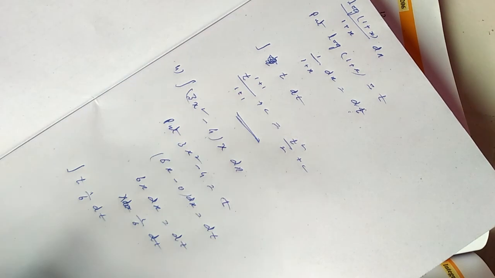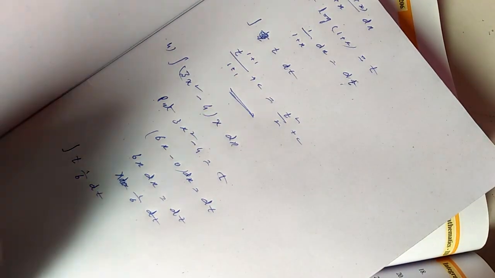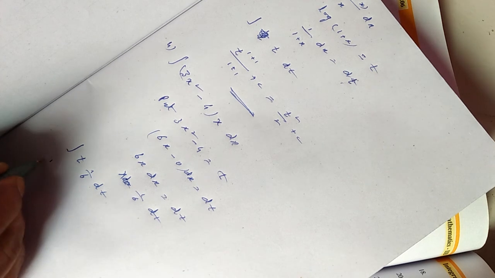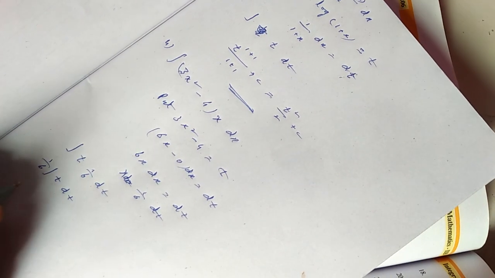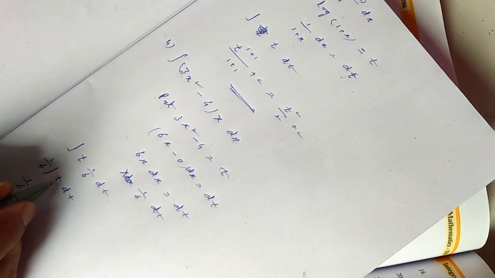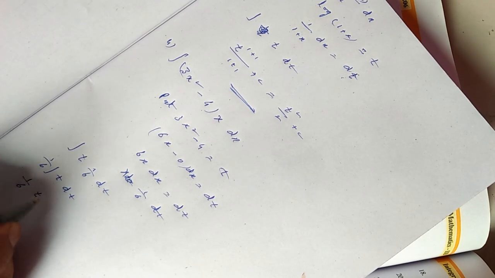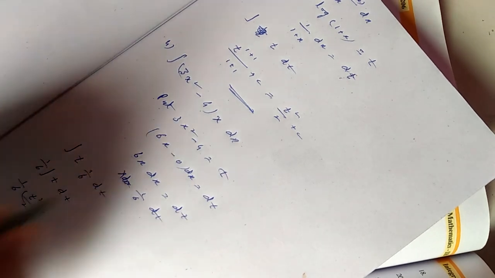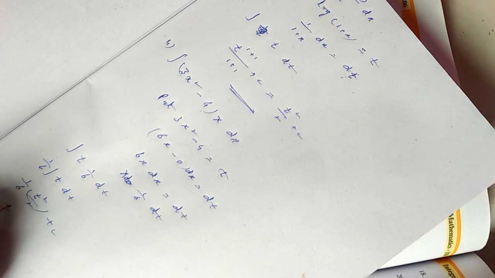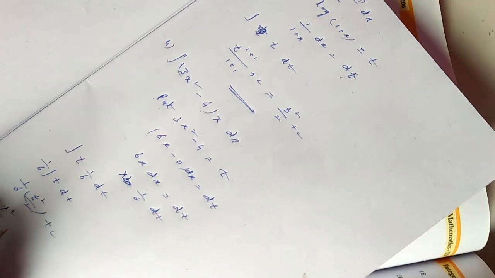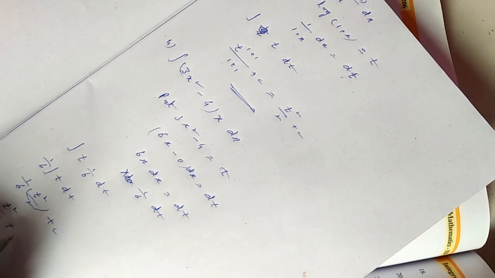Are you understanding now? If you have any doubt, please comment me. So take the 1 by 6 outside, integration t dt. So again we can say 1 by 6, the integration of t is t power 2 by 2, as we have already done in the above problem, plus c. That means t square by 12 plus c. What is the t?